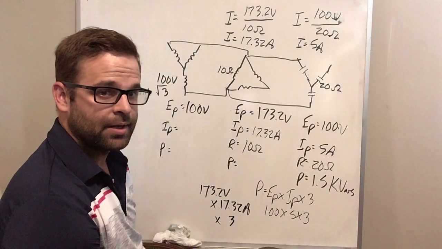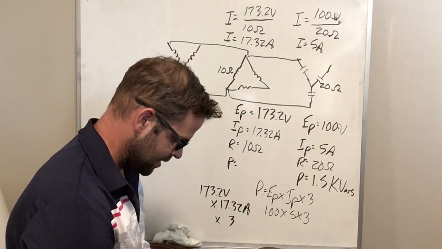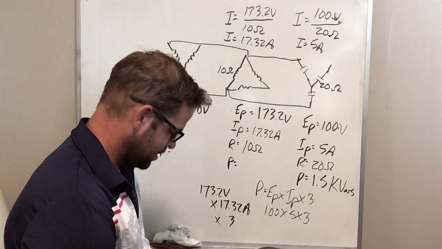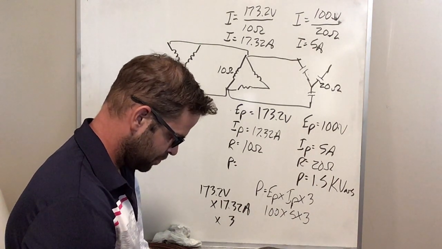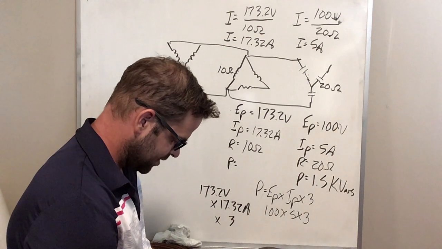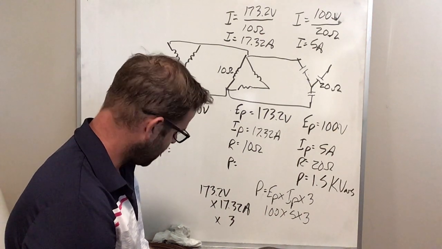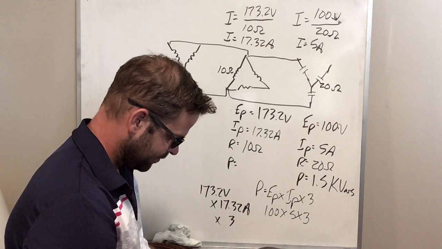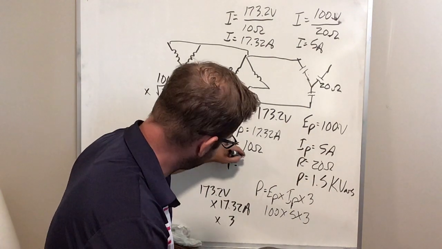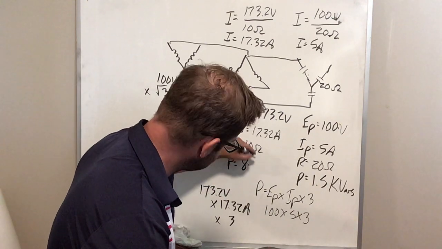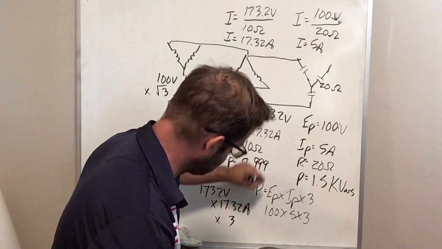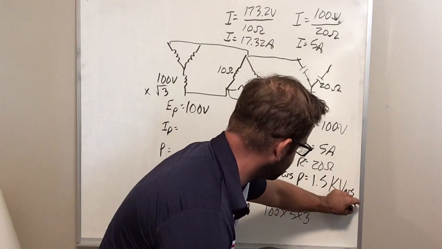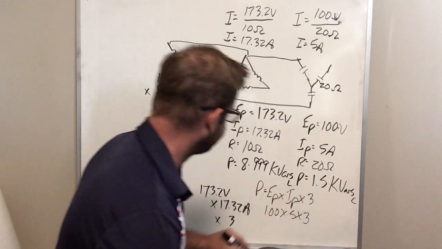You can see that at the bottom there. 173.2 times 17.32 times 3 gives us an answer of 8.999 kVARs. So that one was capacitive, this one's inductive.